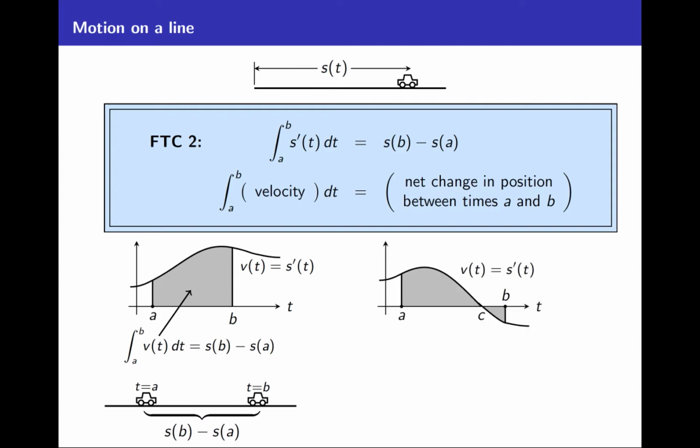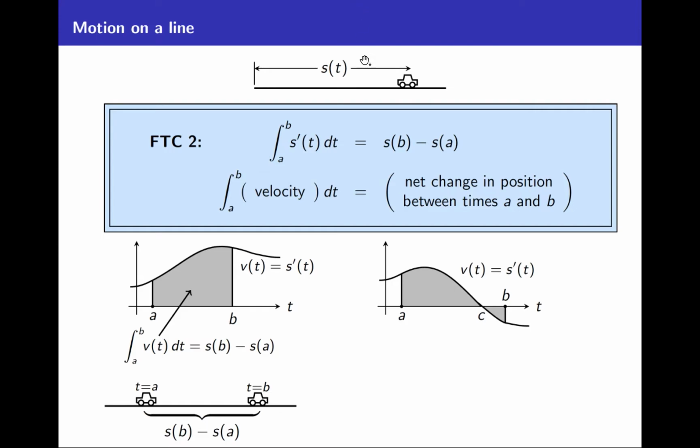But be a little bit careful how you interpret this, because it could be that velocity is not necessarily positive for all values of t between a and b. Maybe velocity turns negative, let's say at some time c right here. The velocity suddenly becomes negative.